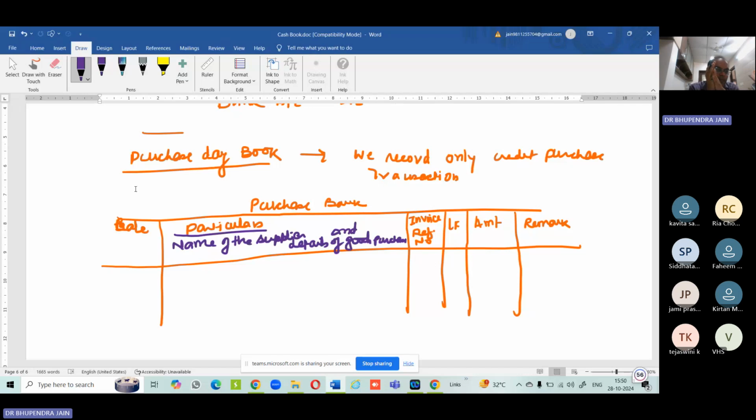Most important: first column date, second column particulars, third column invoice reference number, fourth column ledger folio number, fifth column amount, and the last column is remarks.